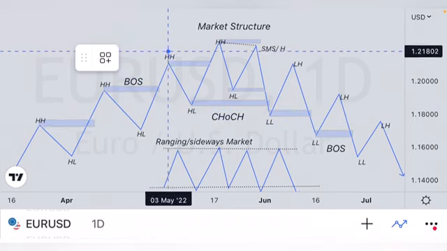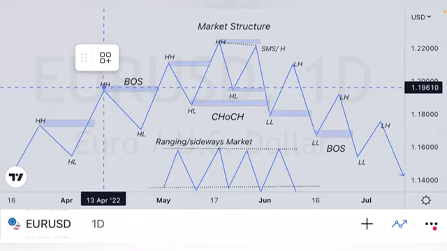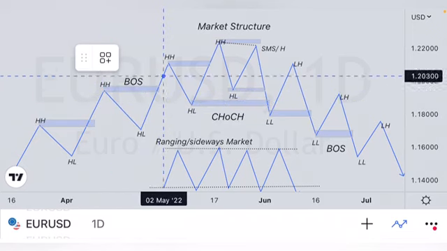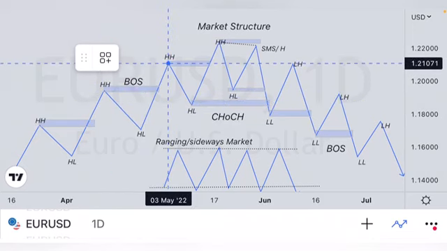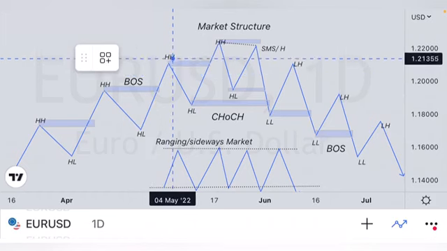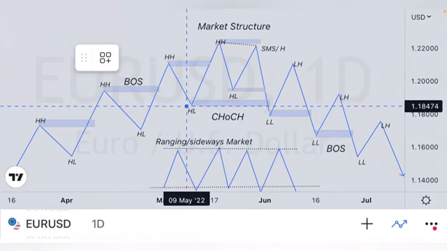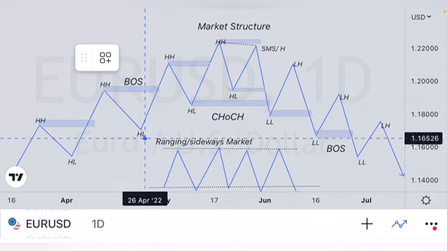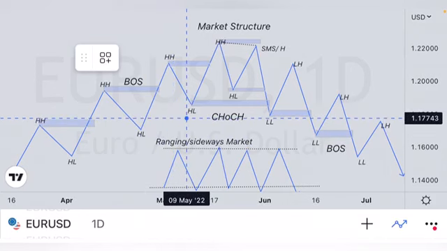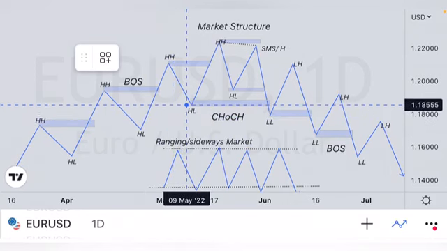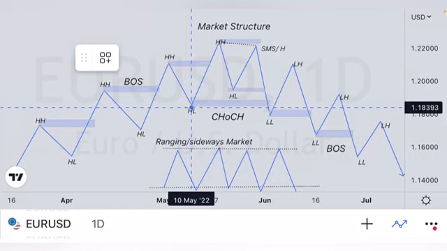So once it's creating a higher high, it's breaking structure. Once the market breaks structure, this is the way you notice. Once it breaks structure, all you need to do is wait for a retracement. So how do you wait for a retracement? I don't want to complicate things for you, I just want to give it to you in a basic way that you understand.